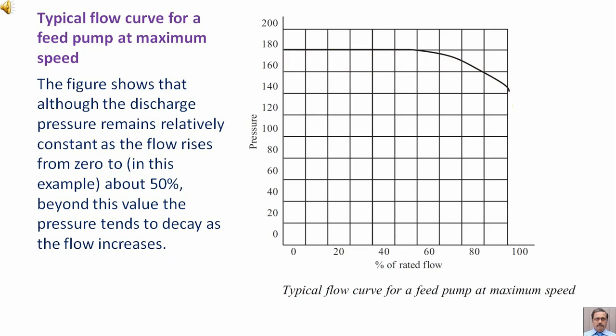The figure shows that although the discharge pressure remained relatively constant as the flow rises from 0 to, in this example, about 50%, beyond this value the pressure tends to decay as the flow increases.